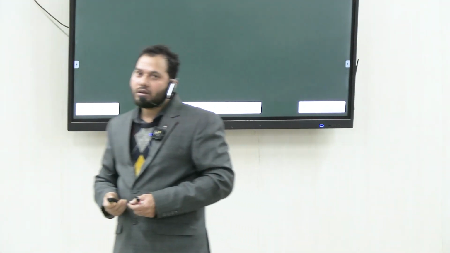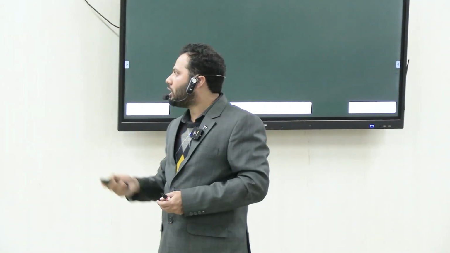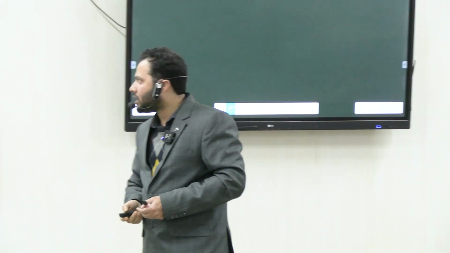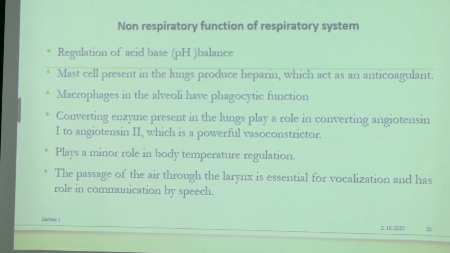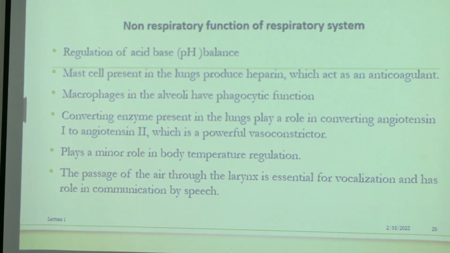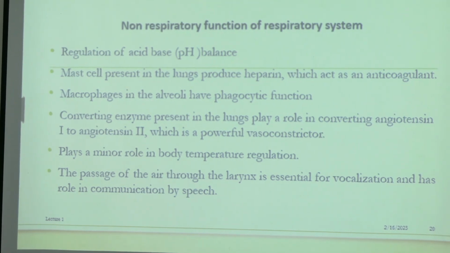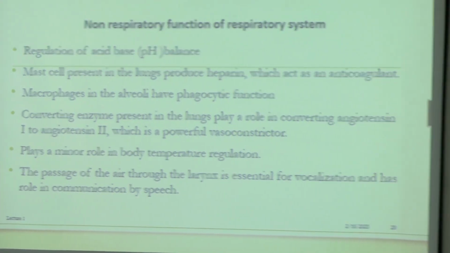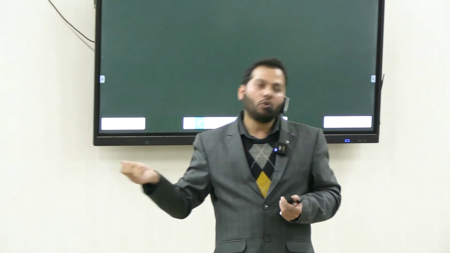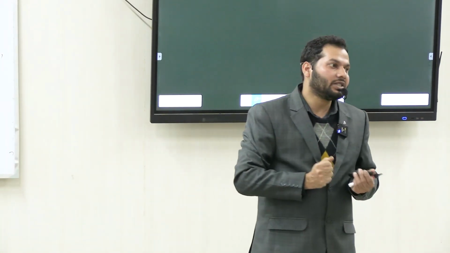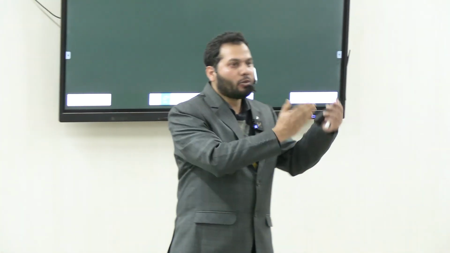Along with this, the respiratory system is also involved with the regulation of body temperature, and it is also involved with the vocalization process. So what we have seen is that the respiratory system is not only involved with the conduction of air, and not only with gaseous exchange, it is also involved with several other functions carried out by different types of cells present in the lung alveoli, other than pneumocytes and goblet cells.